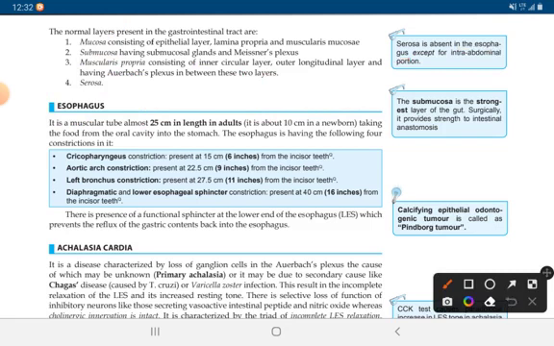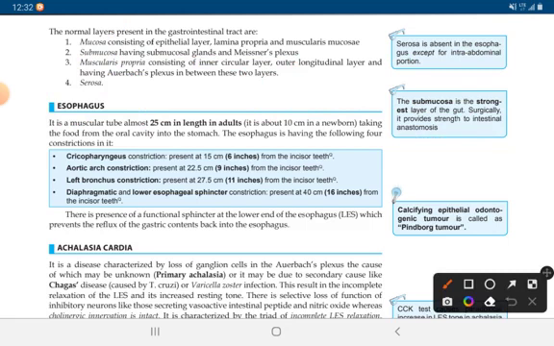The submucosa is the strongest layer of GIT, which has submucosal glands and the Meissner's plexus. It provides strength to intestinal anastomosis.